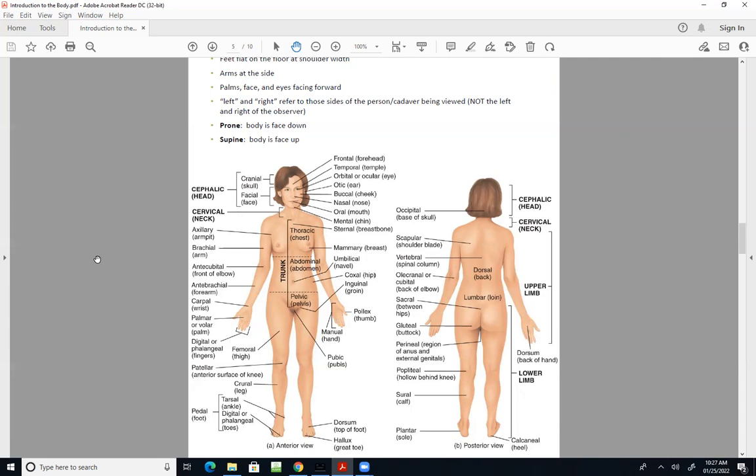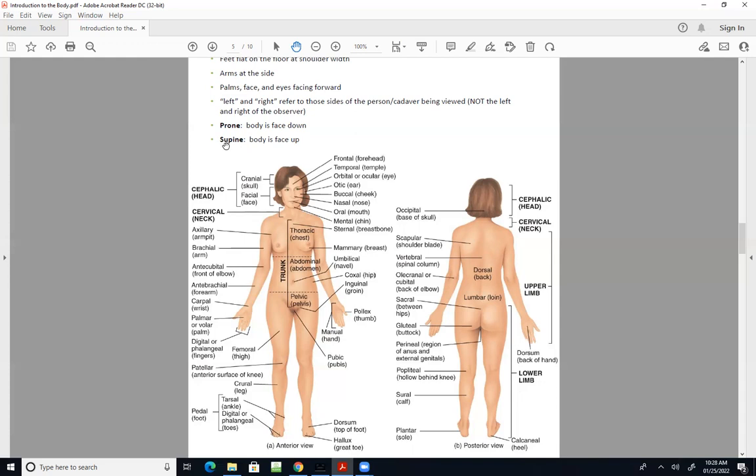Now, like I said, if we were to say that this was not a person standing, but instead laying on a table, you can lay a body down on a table in two different positions, prone or supine. So if we're looking at this lady laying on her back, as we pretend she's a cadaver laying on an exam room table, we'd say that she's in a supine position.